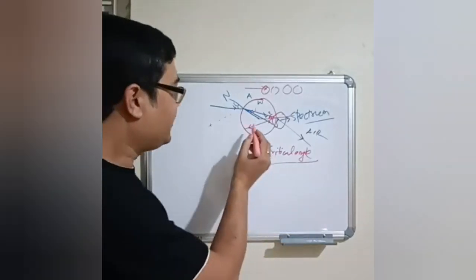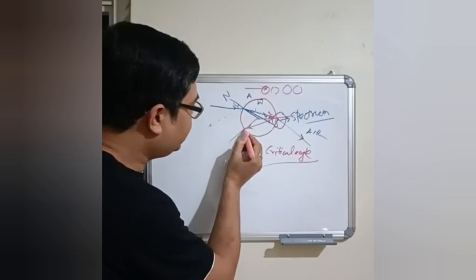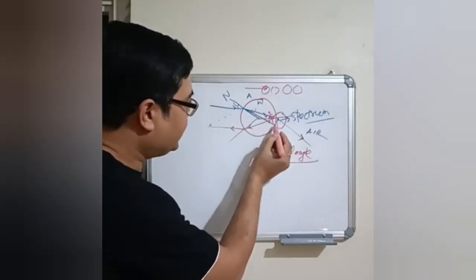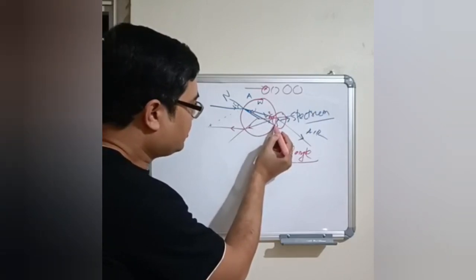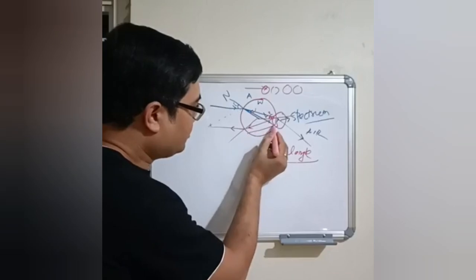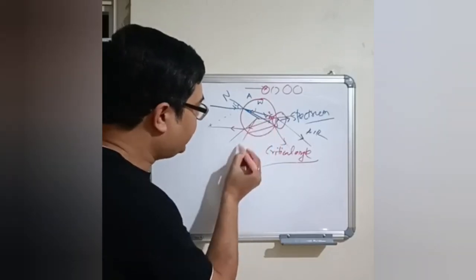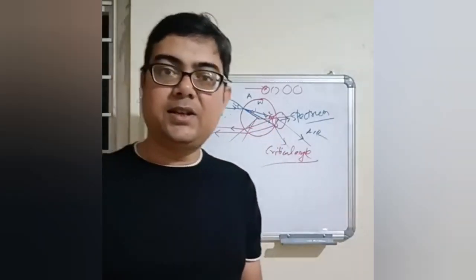Now again I am drawing a normal here. So it is emerging like this. Similarly, like this it is happening. Here also I am drawing a normal. Okay, it is happening. Clear?